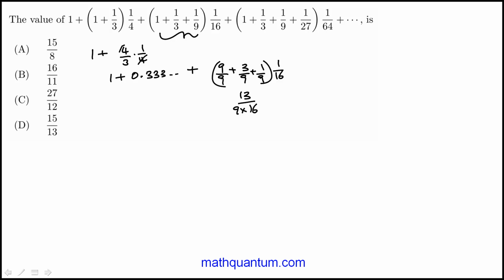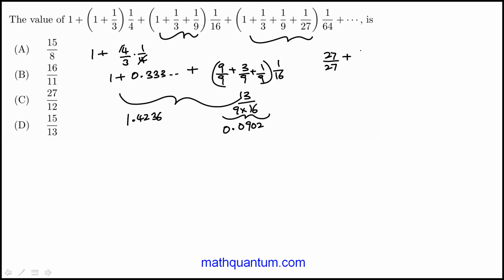And I'll use the calculator for this part, because you can just use the calculator for these simpler calculations. So you'll see it kind of drops to 0.0902. And if I add that to the remaining terms, so far I'm at 1.4236. I can do one more step just to see how much it's dropping. So here I'll do 27 over 27, 9 over 27, 3 over 27 plus 1 over 27 times 1/64.